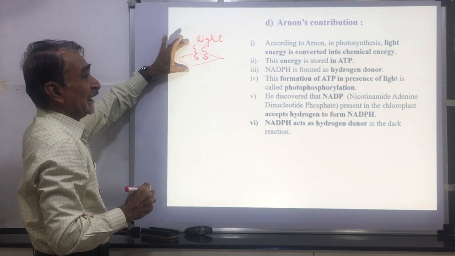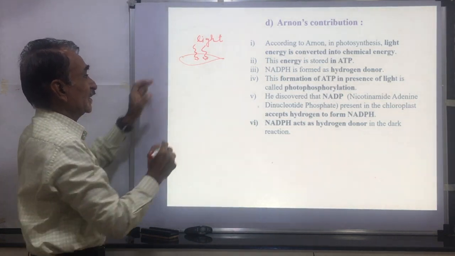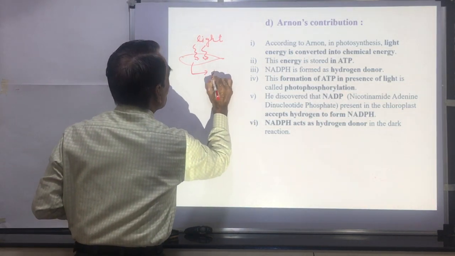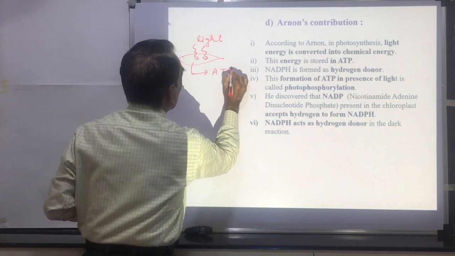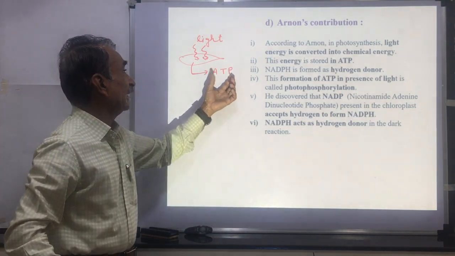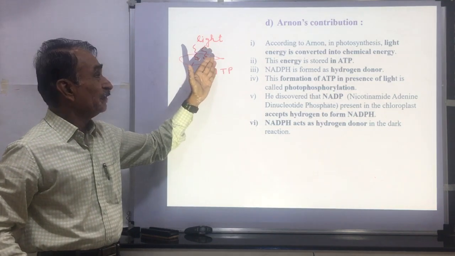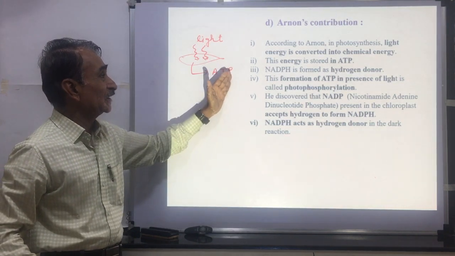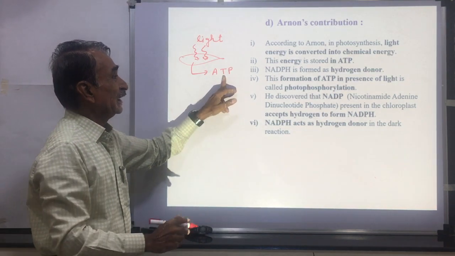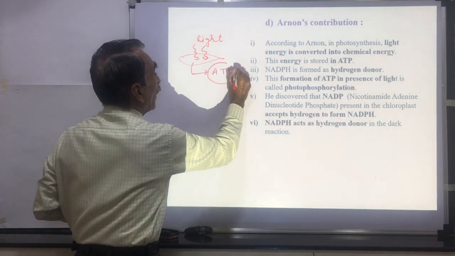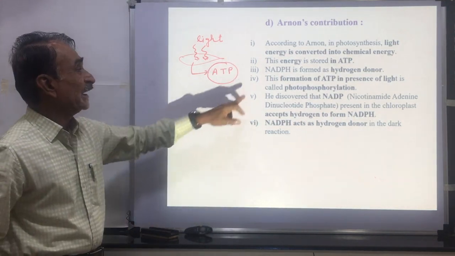The solar energy is converted into chemical energy, and this energy is stored in the form of adenosine triphosphate, ATP.